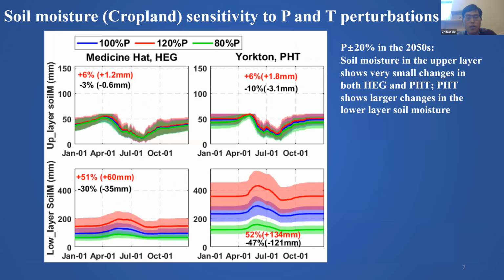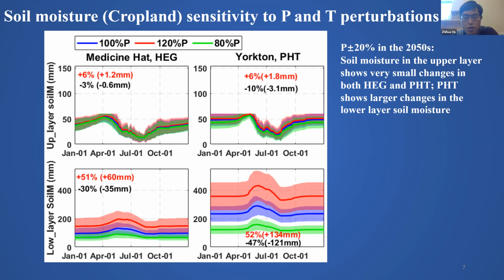And also I compared the sensitivity of soil moisture in the cropland HRU in these two classes. For the soil moisture in the upper layer, we can see the changes are very small in both the HEG and the PhD class. But in the lower layer, the changes in soil moisture are larger, especially in the PhD class.